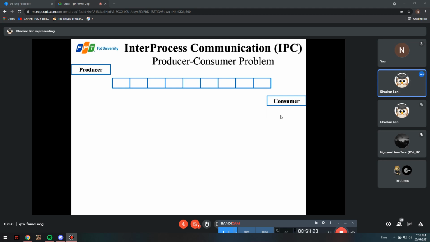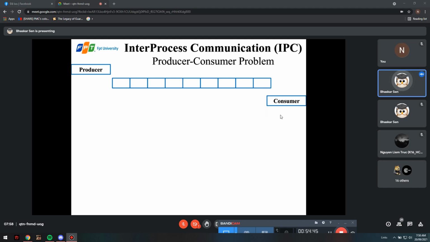Just assume that consumer and producer are two processes. And the buffer that they are talking about, the store where both of them are supposed to be active, is a shared resource. And in principle, only one guy can work there.